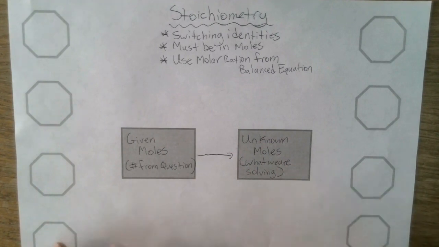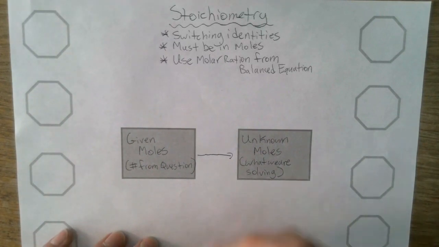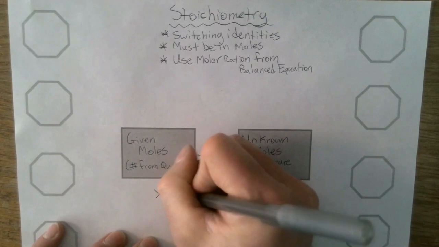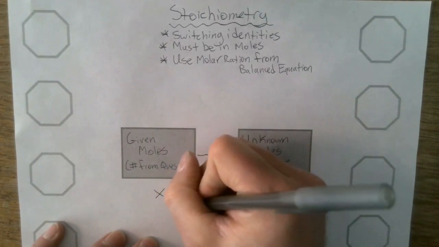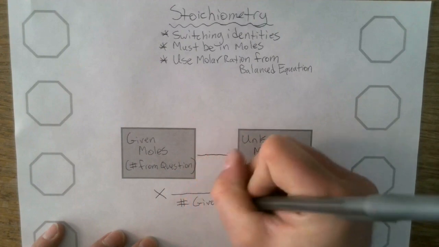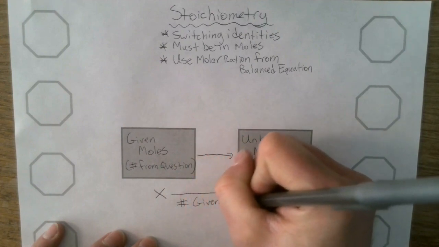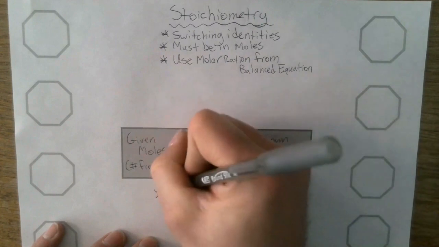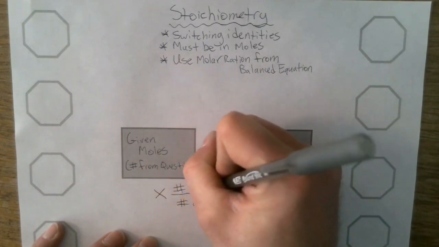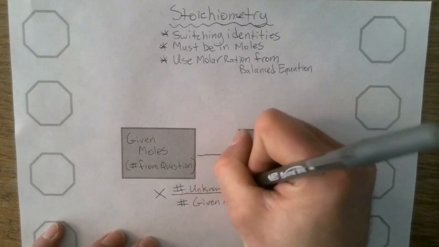All right. So again, the way that we're always going to plug this in, like we just did in those first couple of questions, is we're always going to have multiplied by your number of given moles. So again, that's what we're starting with. And then on the top of that, you'll have your number of your unknown moles.